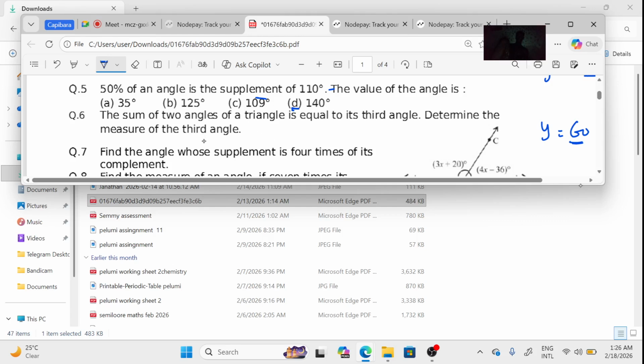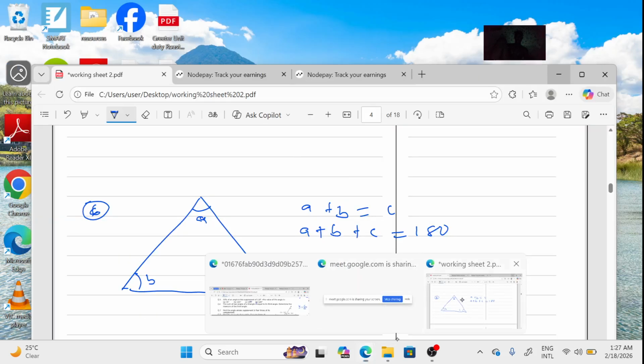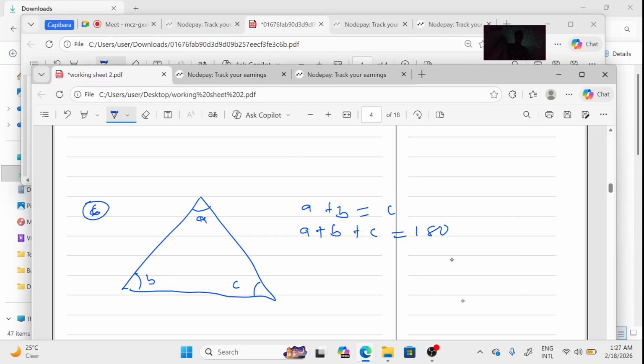Determine the measure of the third angle. So, how are we going to address that? I'm trying to think. I don't know what to do.